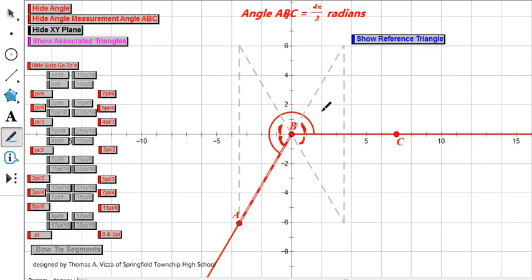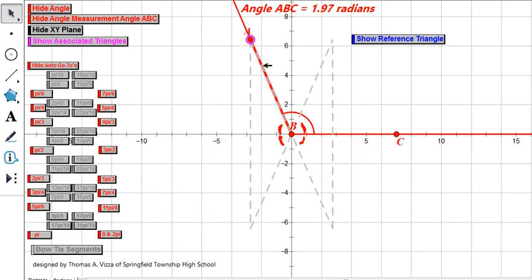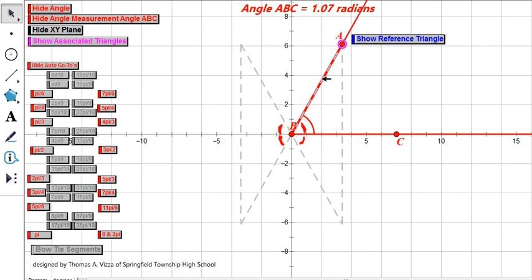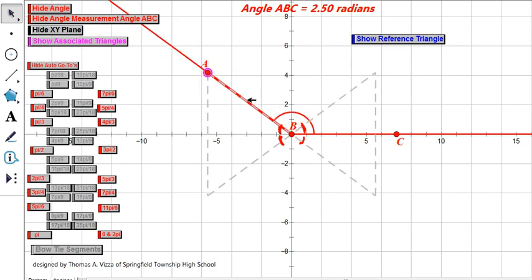So if you notice here, even when I rotate this around, there's this bow tie shape still going on no matter where I rotate the angle in a standard position, okay? So inside the bow tie is where you see that we're going from any terminal side to the x-axis. If you notice, we're never going to the y-axis, okay? It's inside the bow tie.